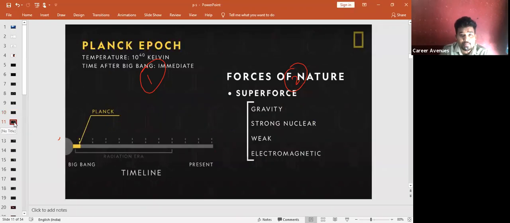So this is the Big Bang, and just after the Big Bang explosion, the Planck epoch starts. At this point of time, the temperature of the universe is 10 to the power 40 Kelvin. This is the highest temperature known till now.